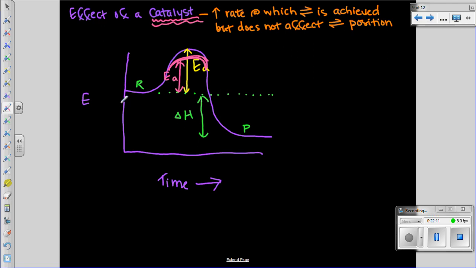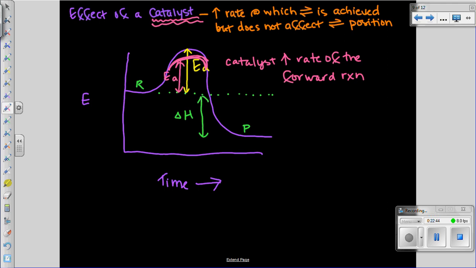So now, if I look at the forward reaction, it doesn't change the equilibrium, but the catalyst increases the rate of the forward reaction because it doesn't require as much energy to get to the top of the hill.